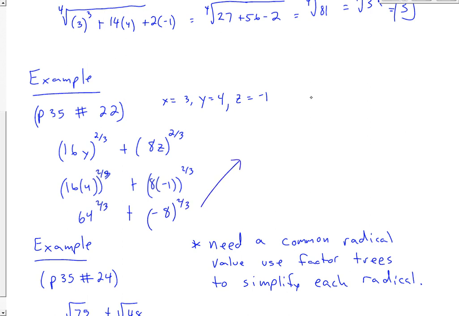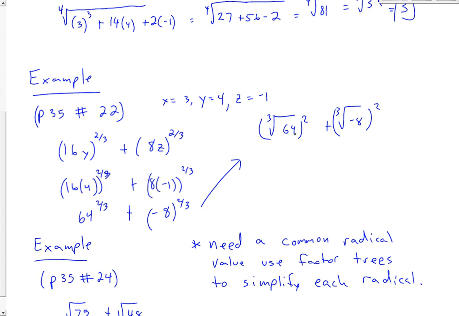What we want to do is convert these to radicals. So we're going to have the cube root of 64 squared plus the cube root of negative 8 squared.